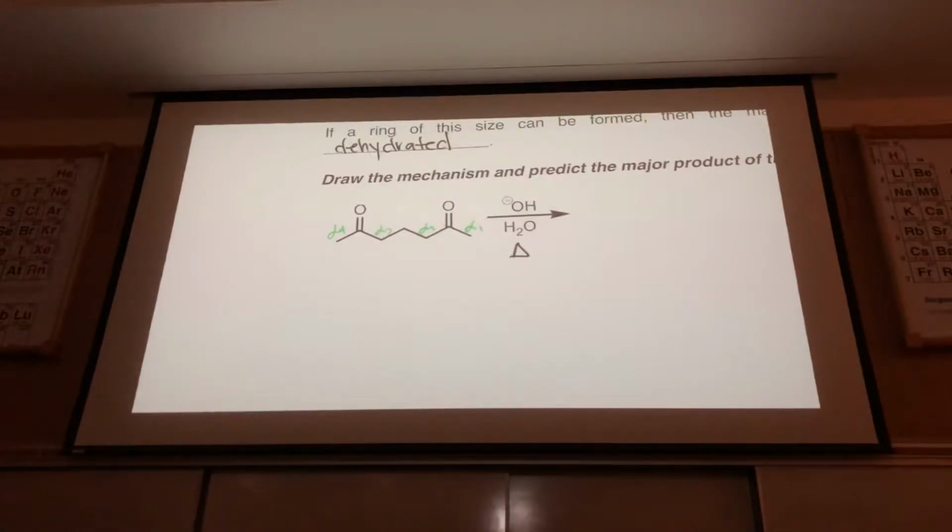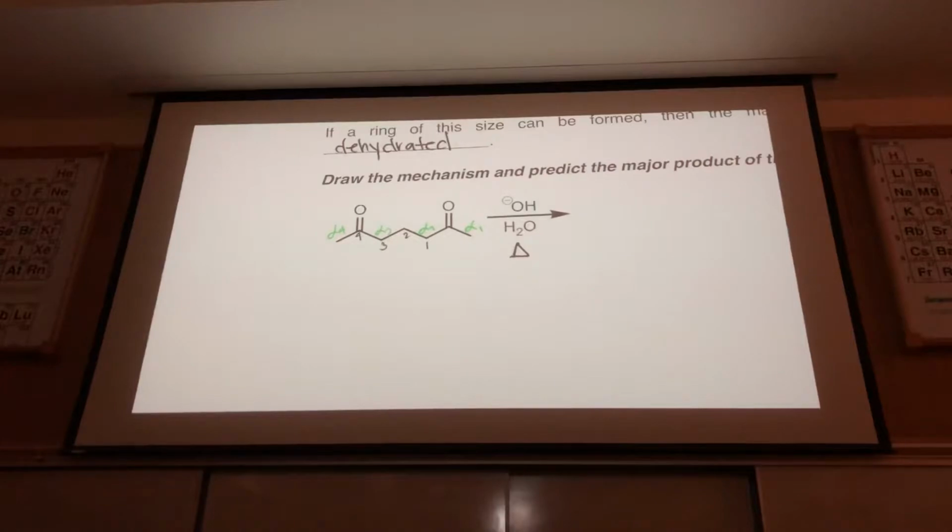So for example, I could say, well, I can make an enolate here. And then it can't attack right next to it, but maybe it could wrap around and attack at that 4 position. What size ring would that be? 4-membered ring, right? So that's not ideal.